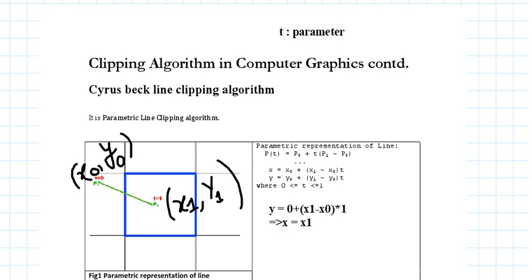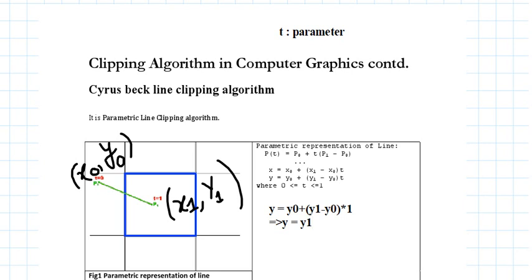Similarly, if you try the same procedure with the y values, you are going to get the same result. Say we put the initial value of t in the y equation, then you get y equals y0. Again, if you put the final value of t in this equation, then you are going to get the final value of y, that is y1.